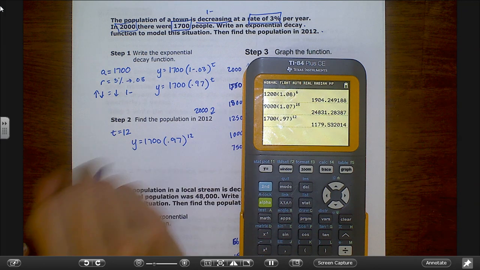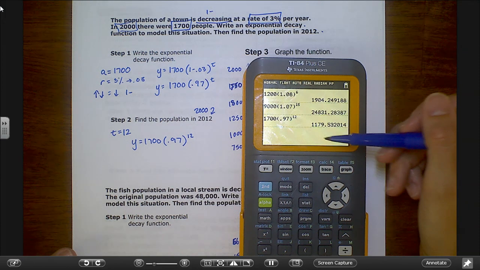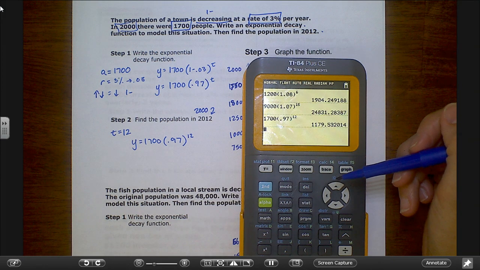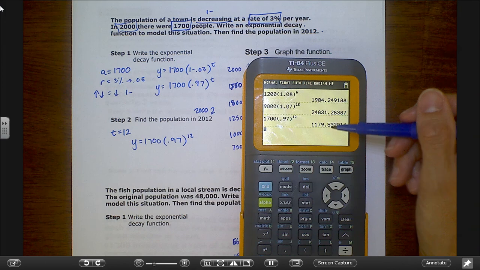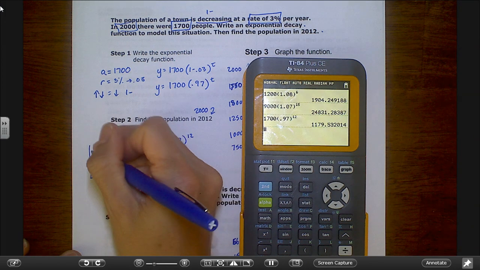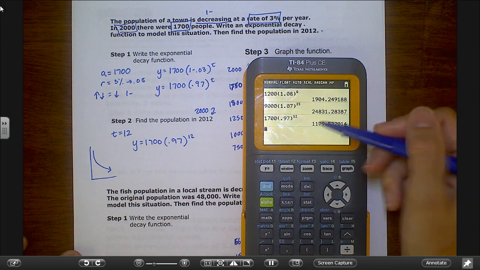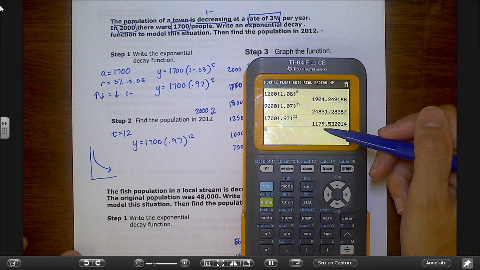And I get, all right, so here's an interesting thing. So now we're talking about people, right? So you can't have like half a person. So because I'm decreasing, I'm going to round this up to 1180. And I know that sounds interesting. I would do that because it's a 5 anyway. But like if the population is going down like this, then I would get to 1180 before I would get to 1179.